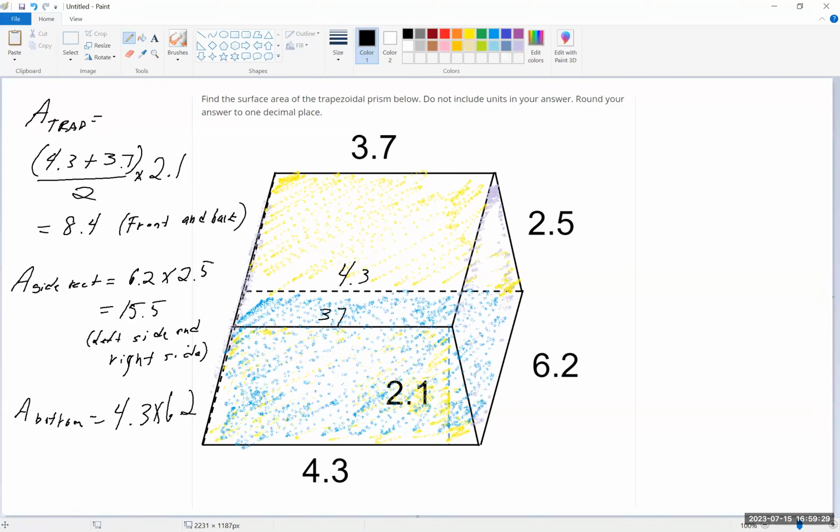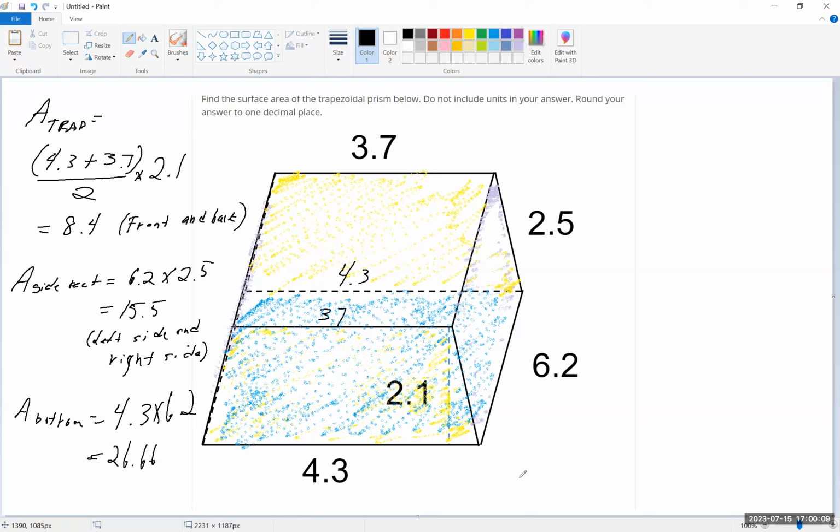Need a calculator for that. 4.3 times 6.2, 26.66. Now we're only going to need one of those because that only exists on the bottom.